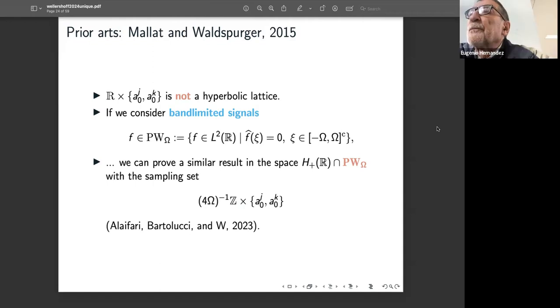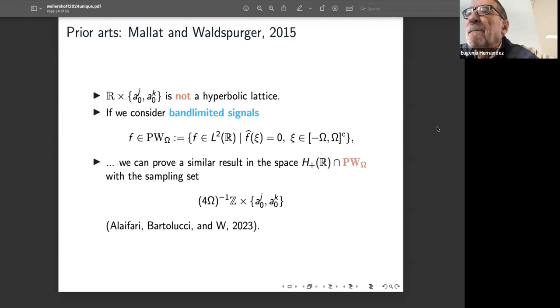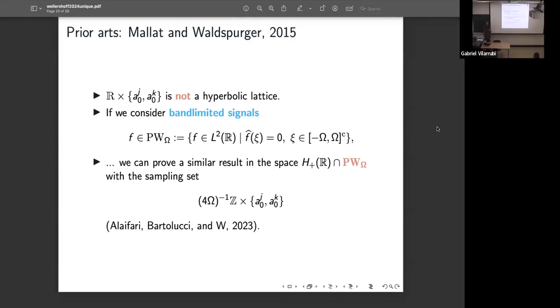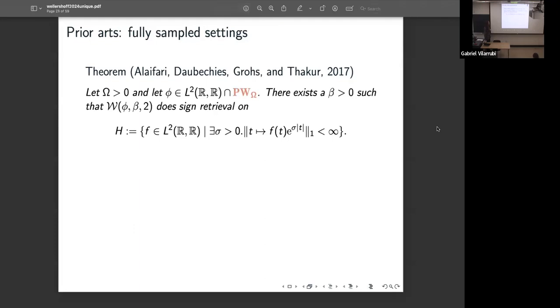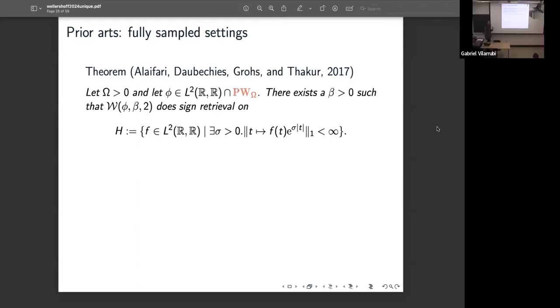I just wanted to point this out. Part of the reason is that most of the results that I know of, or all of the results that I know of, somehow involve some kind of band limitedness somewhere.